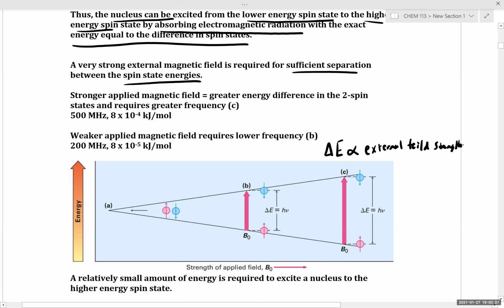So often you need some pretty powerful magnets and some pretty powerful external fields in order to get a sufficient separation. The greater the external field, the greater the energy difference in the two spin states, and in turn, the greater the frequency required for you to promote your nuclei to the higher energy spin state.